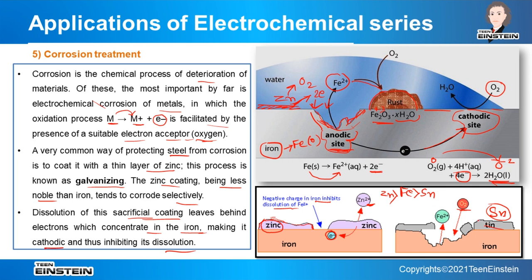So here we do not have any substance which can act as a sacrificial agent. There is no one to sacrifice electron. So tin will accept electron, it will not sacrifice electron. So that is why the corrosion will enhance. Okay, so you can see corrosion is more here. So in this way, by applying a coating of more electropositive metals on iron, we can prevent the corrosion. So this is also an application of the electrochemical series.